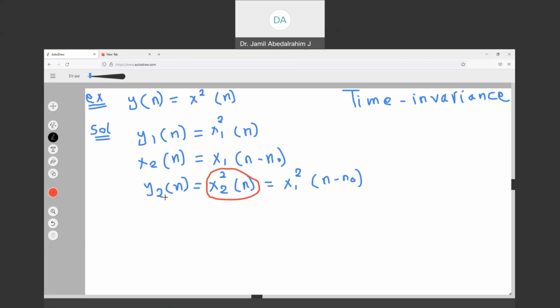So y2 of n becomes x2 to the power of 2 of n, and it also equals x1 to the power of 2 of n minus n naught. Now I have the first output and the second output, two equations.